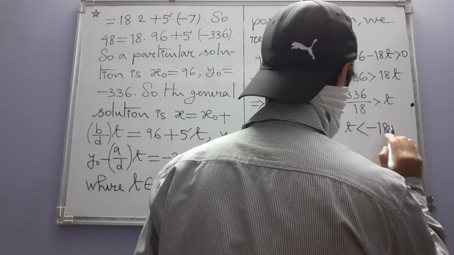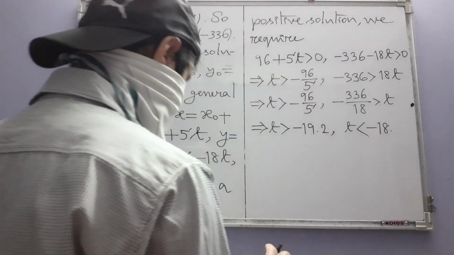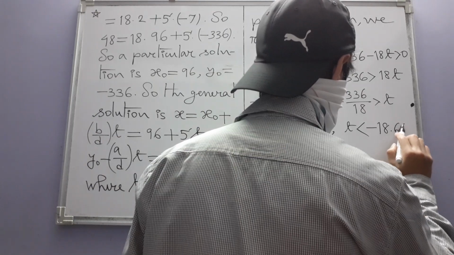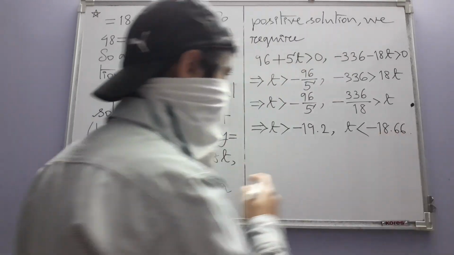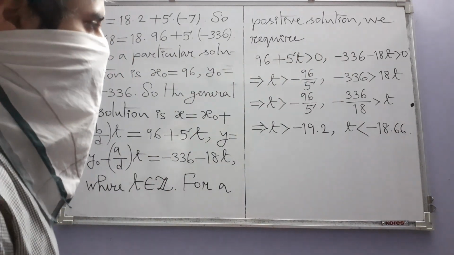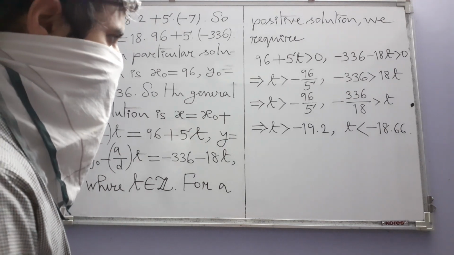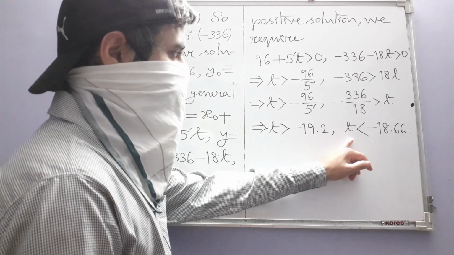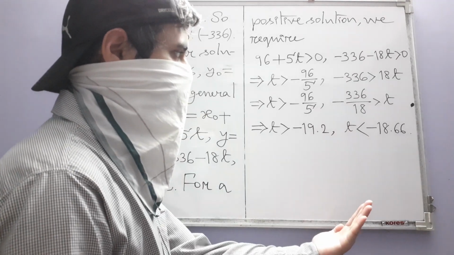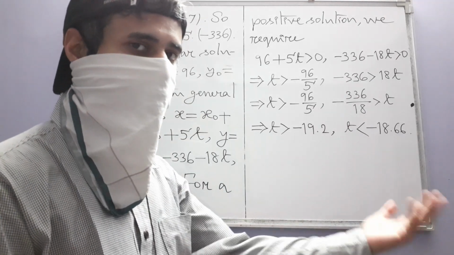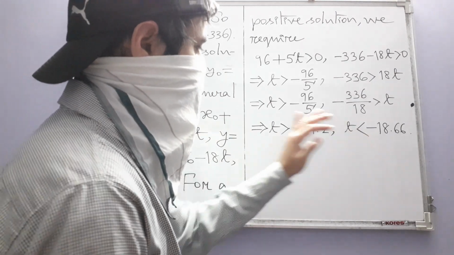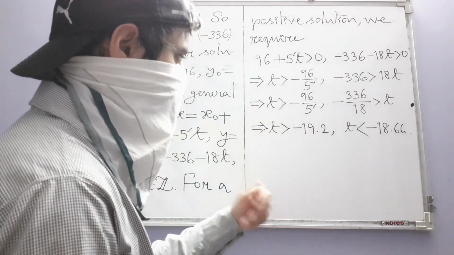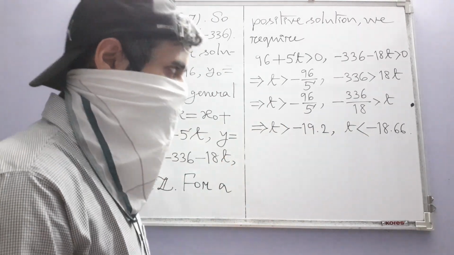approximately equal to this. Actually the 6's go on and on like that. Okay, so this means that t has to be less than minus 18.6666, and at the same time t has to be greater than minus 19.2.